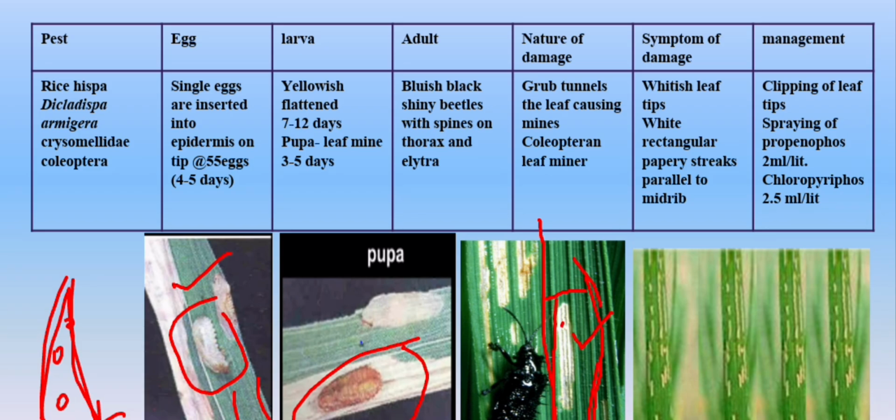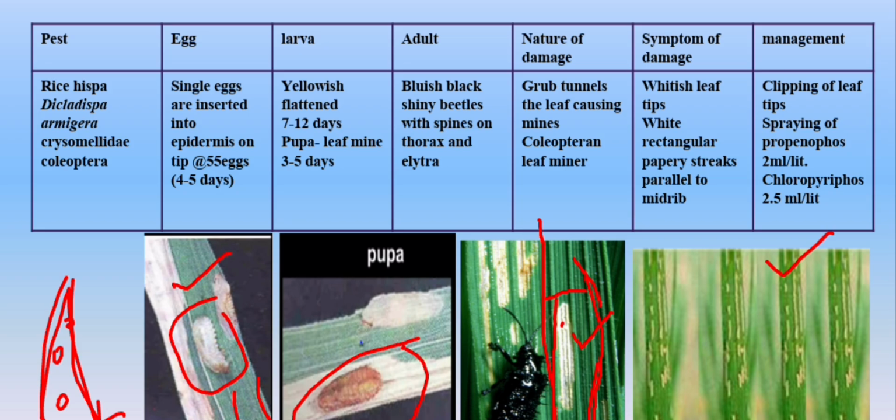This is rectangle in shape and white papery in color. So this is the important symptom to identify this insect. In this image also you can see how the papery blotches or streaks look due to damage by the rice hispa: rectangular white papery streaks present parallel to the midrib of the leaves.